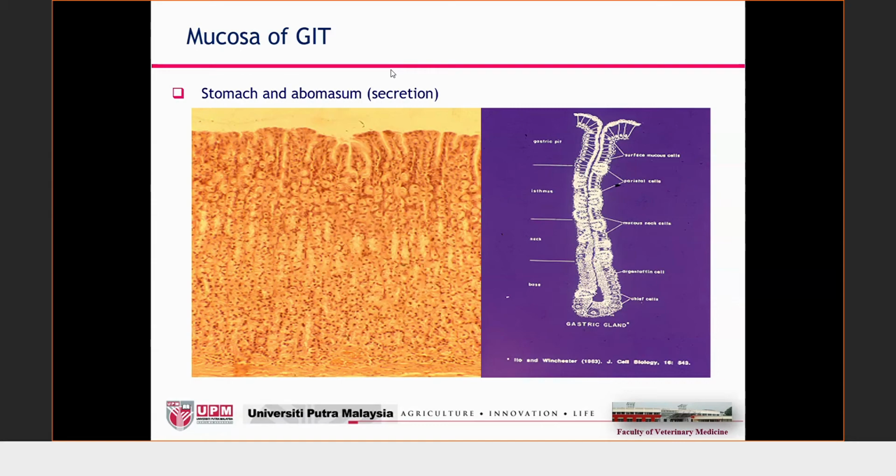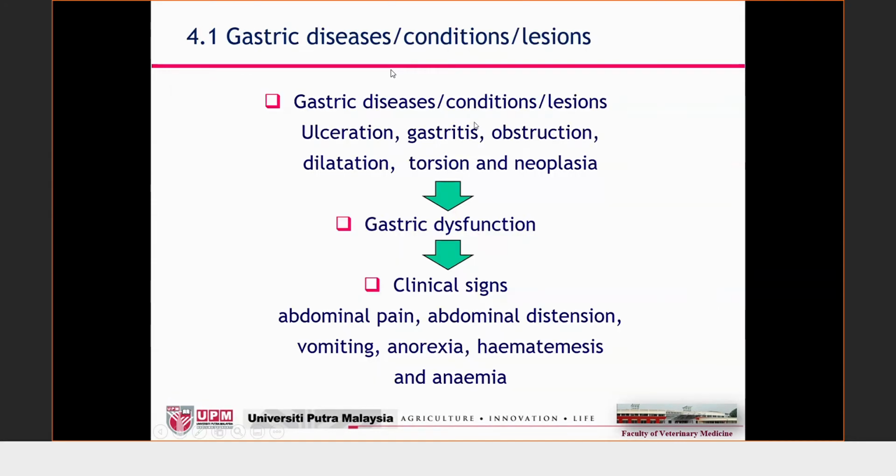So gastric diseases, conditions and lesions. I think one of the important lesions is ulceration. It's a lesion, a tissue response to injury. Inflammation of the stomach is gastritis.